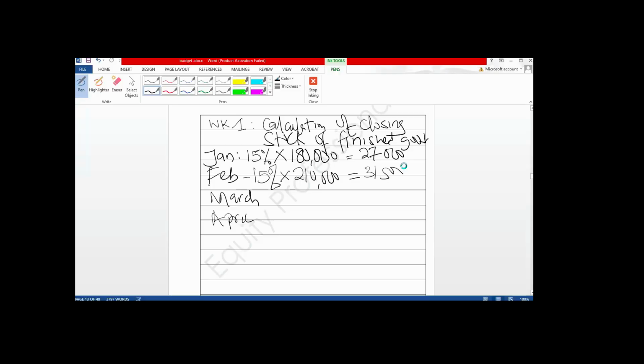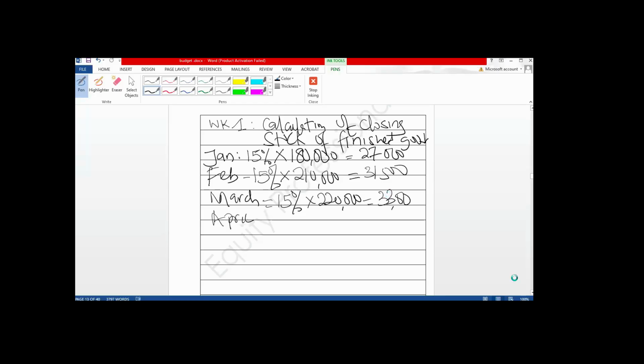31,500. If I want to get for March, 15% of the following month budgeted sales. What is budgeted sales for the following month after March, April? 220,000. Compute 15%. 33,000.